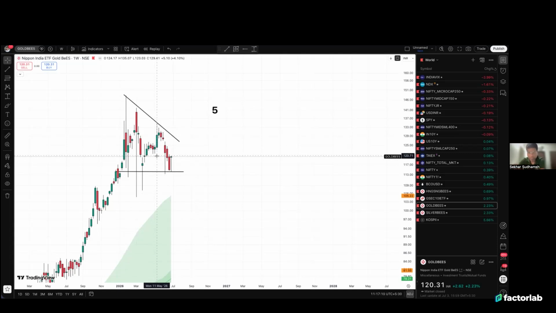Even in our small case, the asset allocation mix has changed, which Deepak will be talking about in further discussions. But broadly, gold is now resting. I think it will continue to rest for some more time.